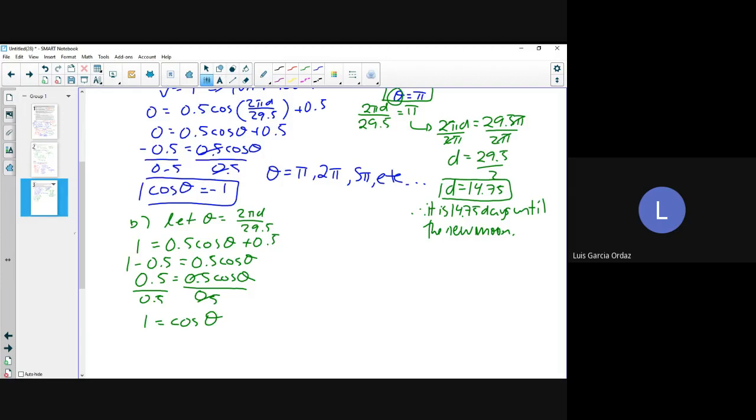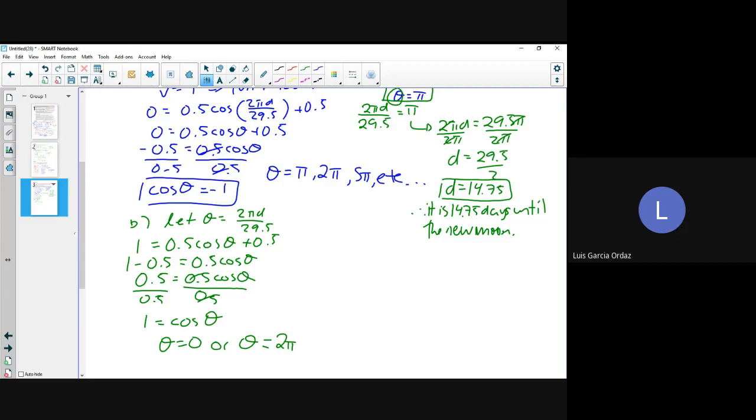So at what angle does cosine give us positive 1? Or what other angle does it give us positive 1? So theta can equal 0 or 2 pi.